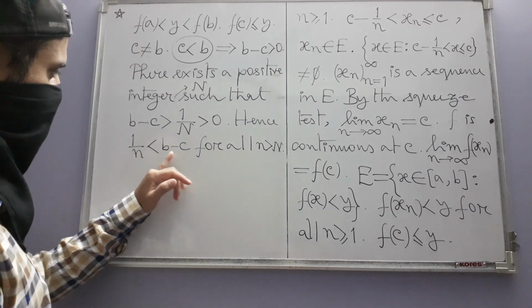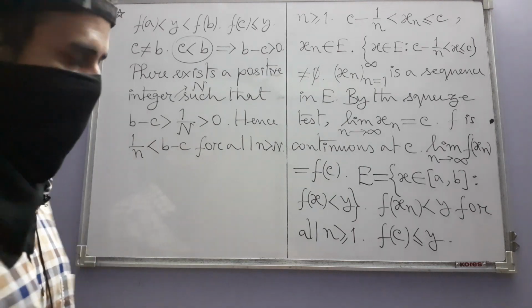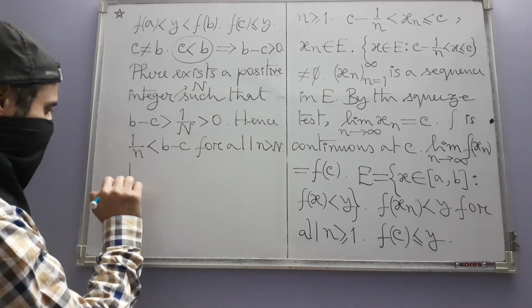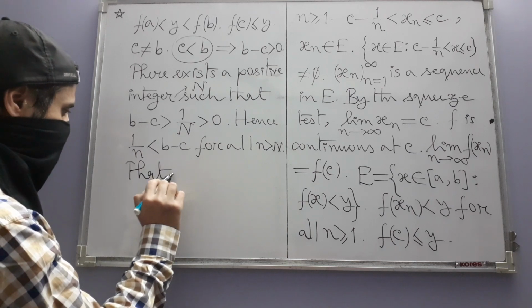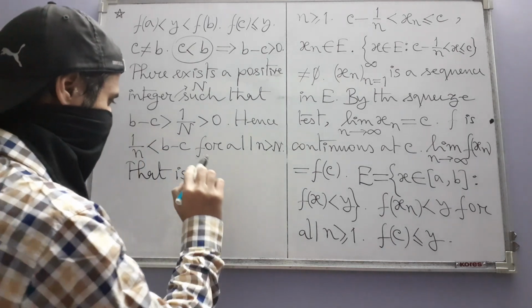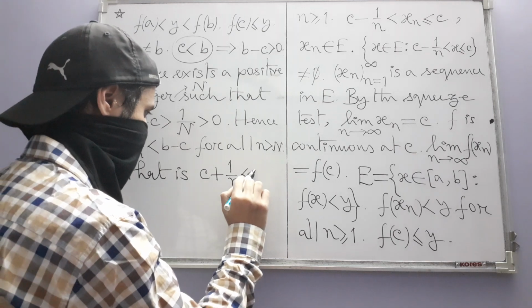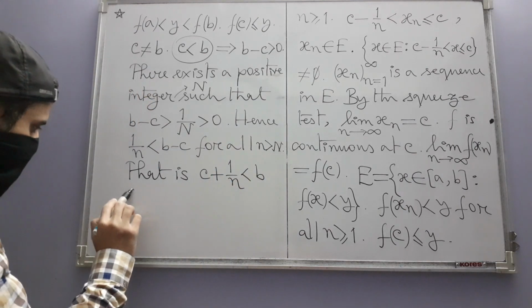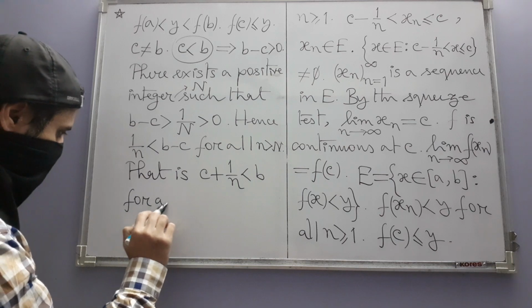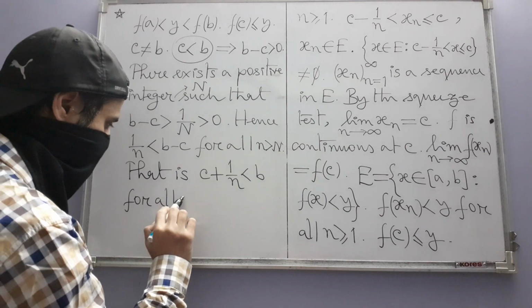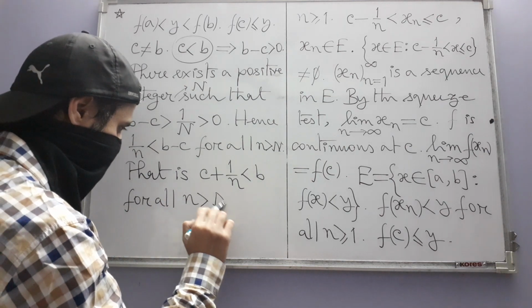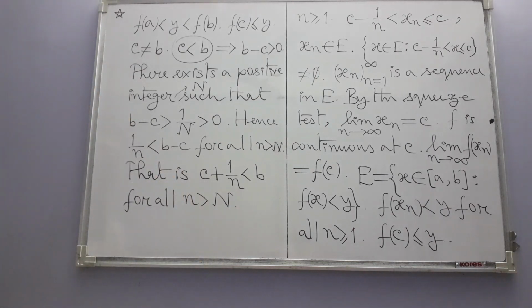So all of them will be less than b minus c. That is, c plus 1 over n is less than b for all n greater than N, right?